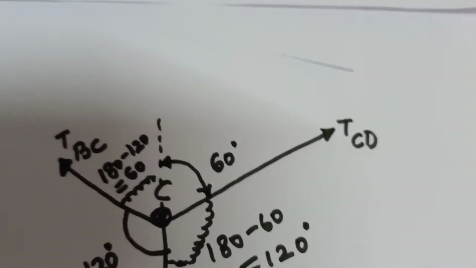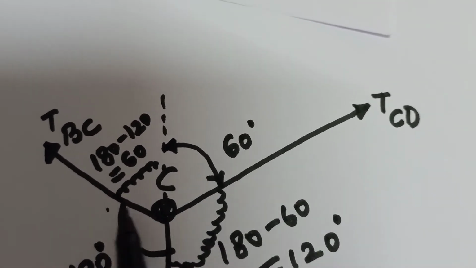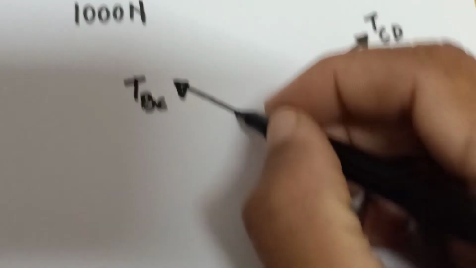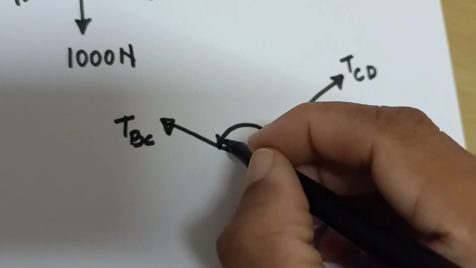Now I want to draw the angles. What is angle between BC and CD? 60 plus 60, that is 120. So we can show over here that this angle is 120.